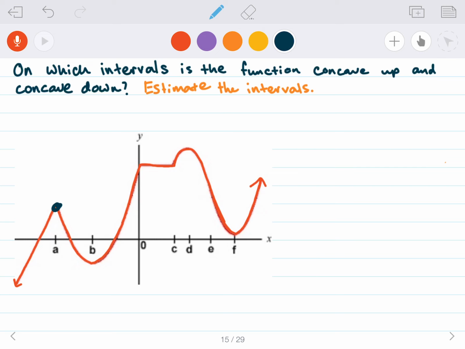I told you guys, this is not concave down. So that's not a point of inflection. We don't have to worry about that. I would say the only point of inflection that we have, where we have a smooth frown to a smooth smile, is probably at E. I would say that's a point of inflection. Only point of inflection here.